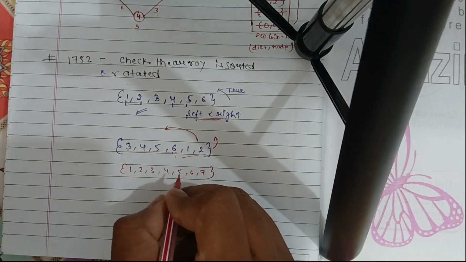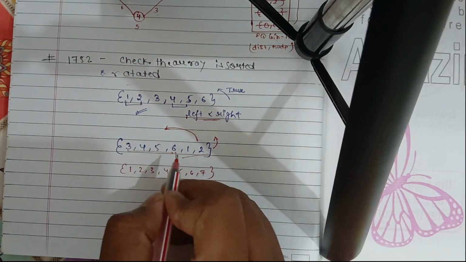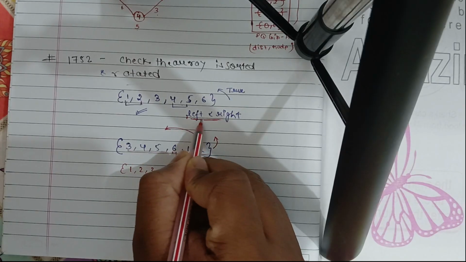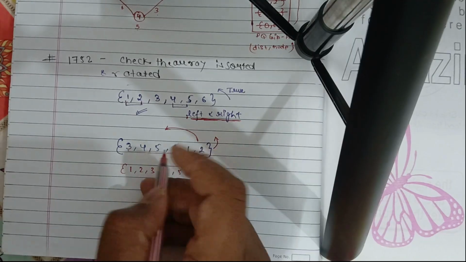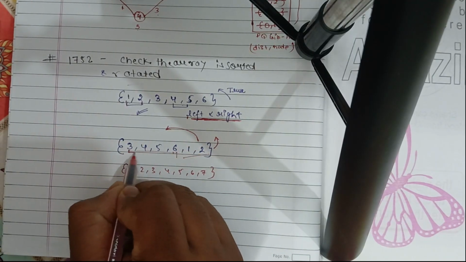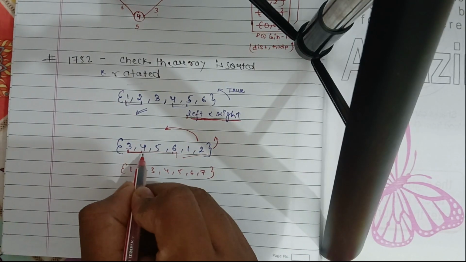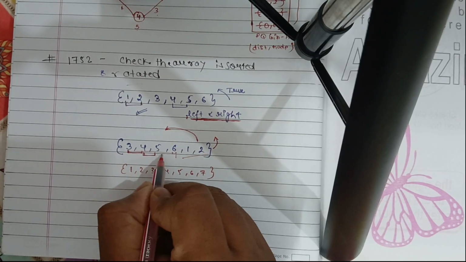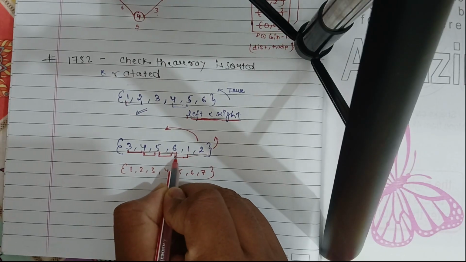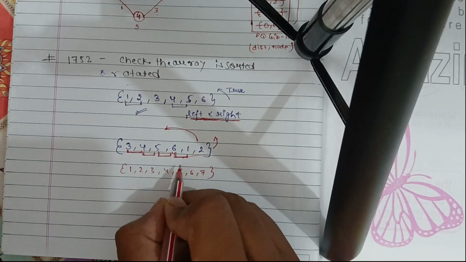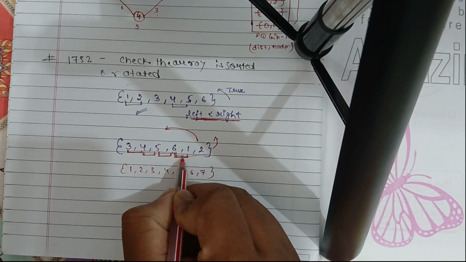What we can do here is that you know that always the left element would be less than the right element, right? So you start checking: yes, it is in the sorted form. Again, yes. Yes. And now when you check these two elements, you see that these two are not in the sorted form.